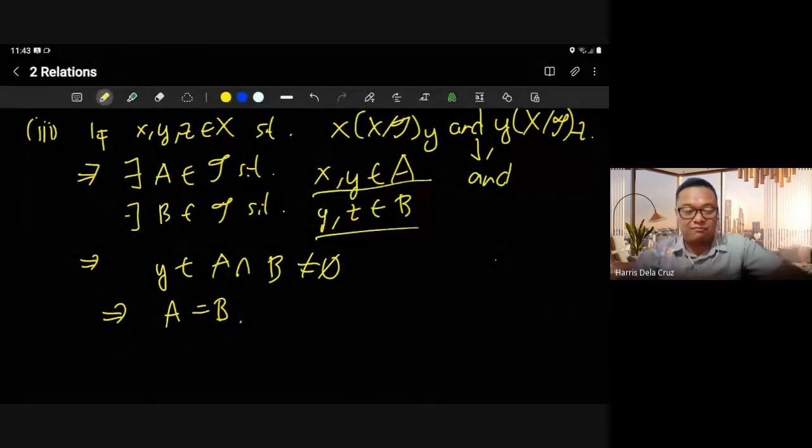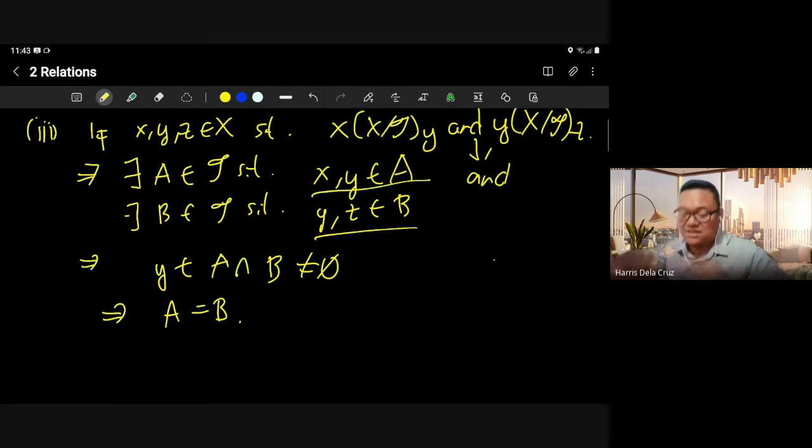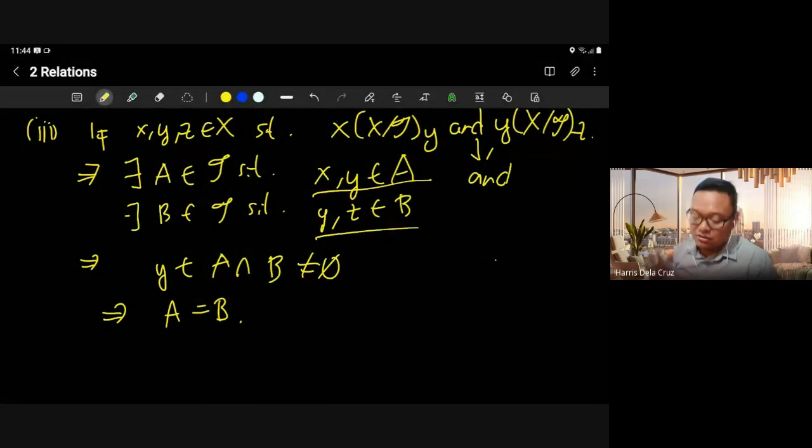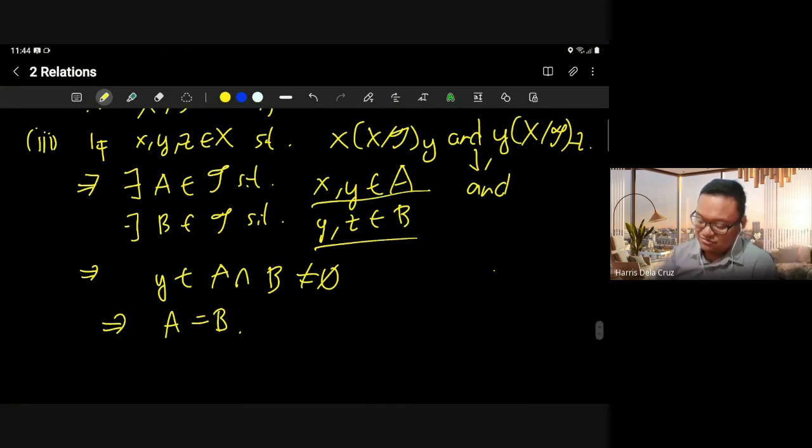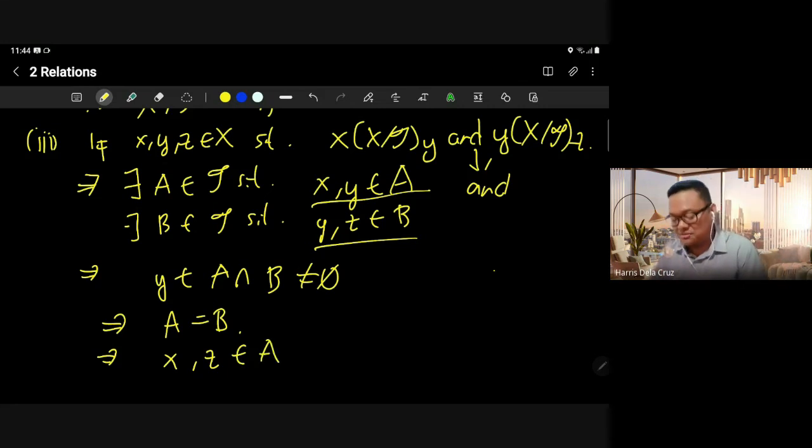Hindi pwedeng may laman si A na hindi din laman ni B. So, automatic, in a partition, if the intersection is not empty, they are the same set. Okay? So, if they are the same set, ano ibig sabihin nun? So, X and Y belong to the same set. And Y and Z belong to that same set. So, ibig sabihin, X, Y, and Z all belong to A. Well, either A or B, equal lang din naman sila.